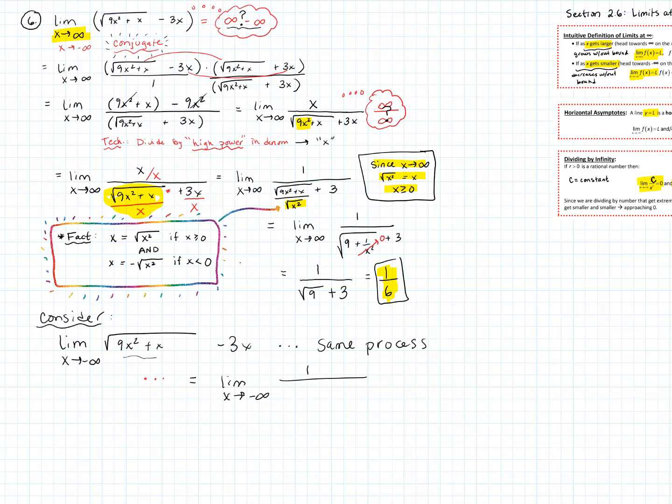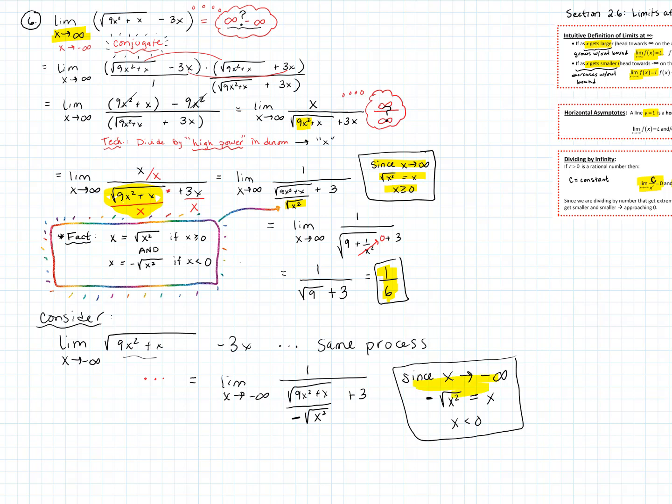I do the whole thing that we have right there, and I would end up with a 9x squared plus x over the square root of x squared, but I would have to put a negative on it, plus 3, since as x approaches negative infinity, the negative square root of x squared is equal to x when x is less than 0. So I would have to be careful of that piece right there.